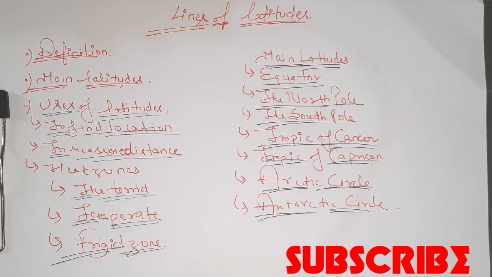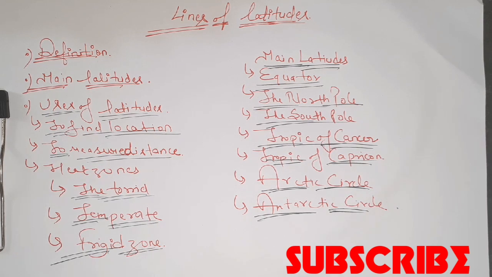Latitudes are calculated according to the angle that a place makes with the center of the earth. Lines of latitude are parallel to each other, and also parallel to the Equator, and this is why they are called the parallels of latitude. Is that clear? Why? Because they are parallel to each other along with the Equator.